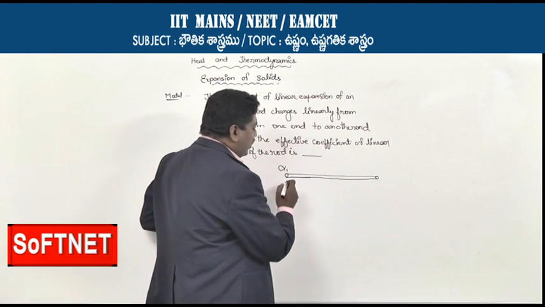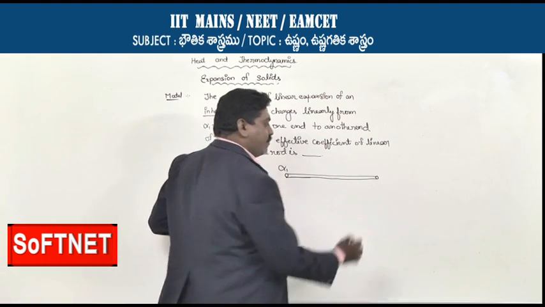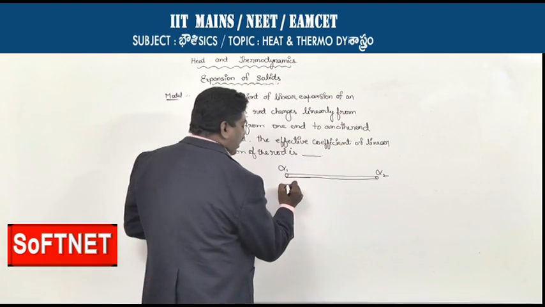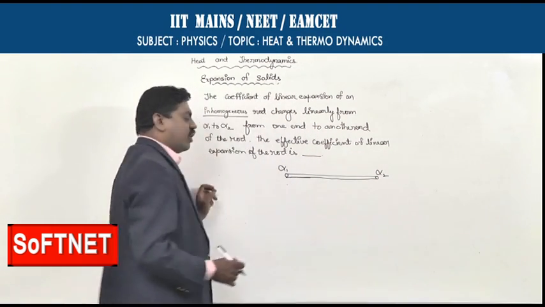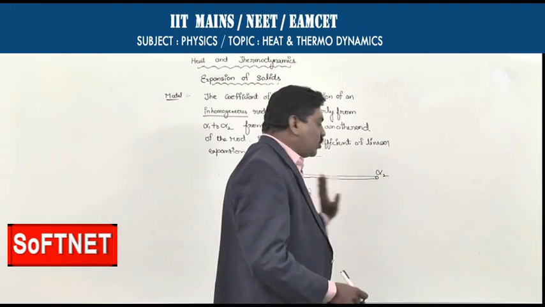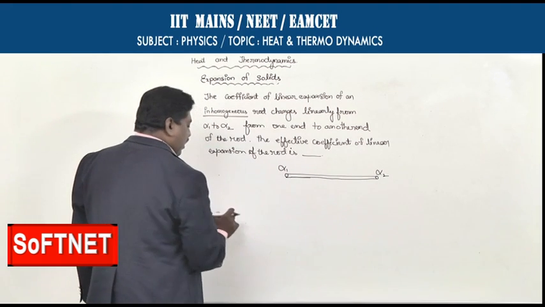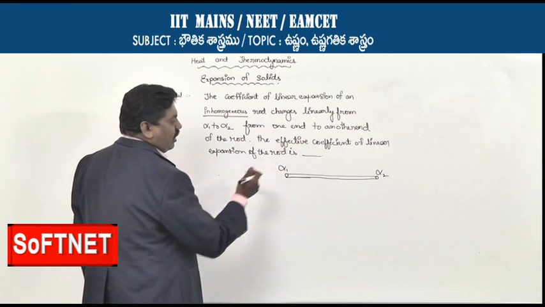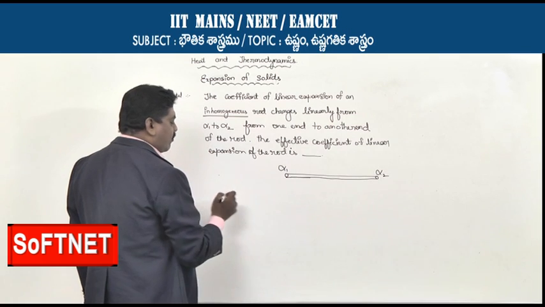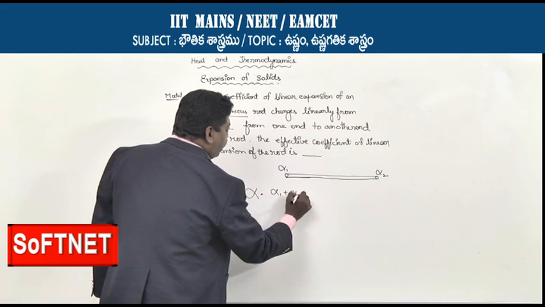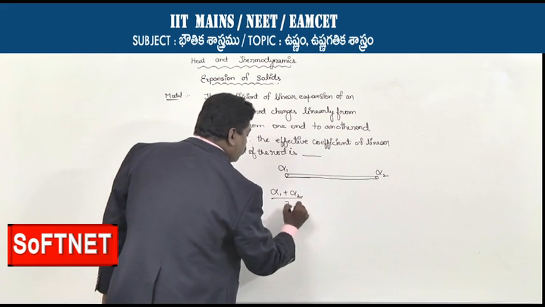One end is having the alpha value as alpha 1, other end is having alpha value as alpha 2. Gradually alpha 1 is changing to alpha 2 when we go from one end to another end. So in such case, the effective coefficient of linear expansion of the rod is given as alpha equals alpha 1 plus alpha 2 by 2.